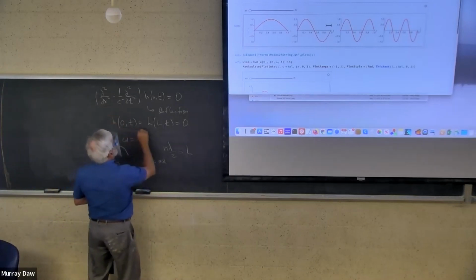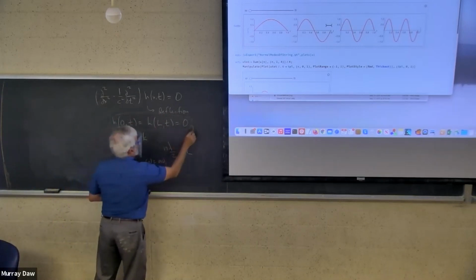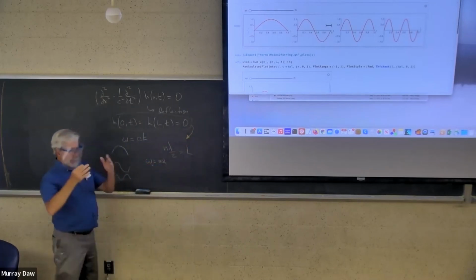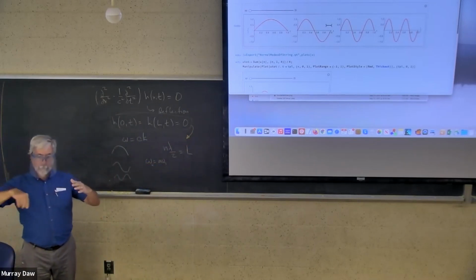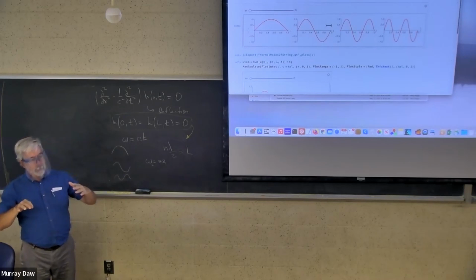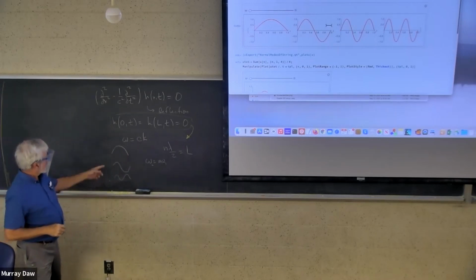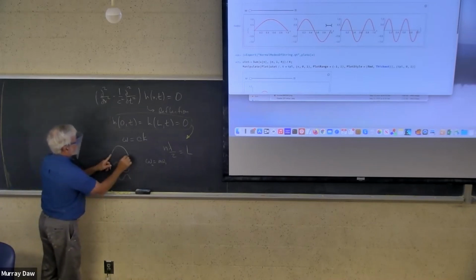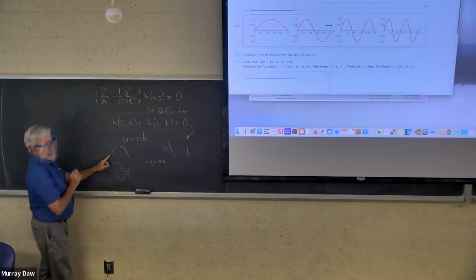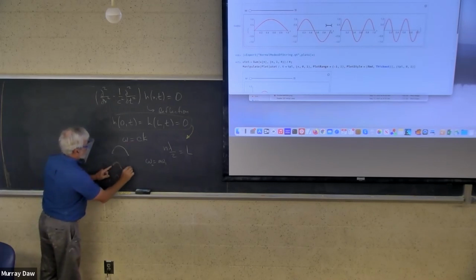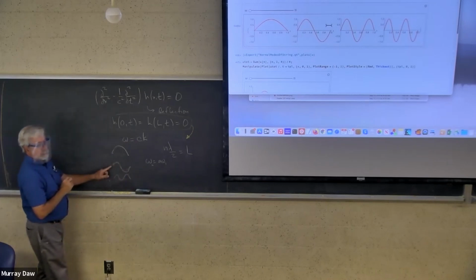Yeah, this can be satisfied if you have a sinusoidal wave whose half wavelengths are integer fractions of the total. Right? If you look, this is a half wavelength right here, equals L, so that's n equals 1. Now this is a complete wavelength, so n equals 2.